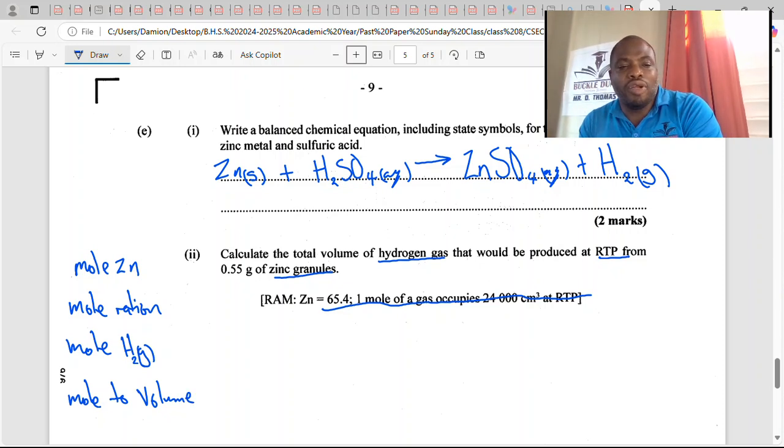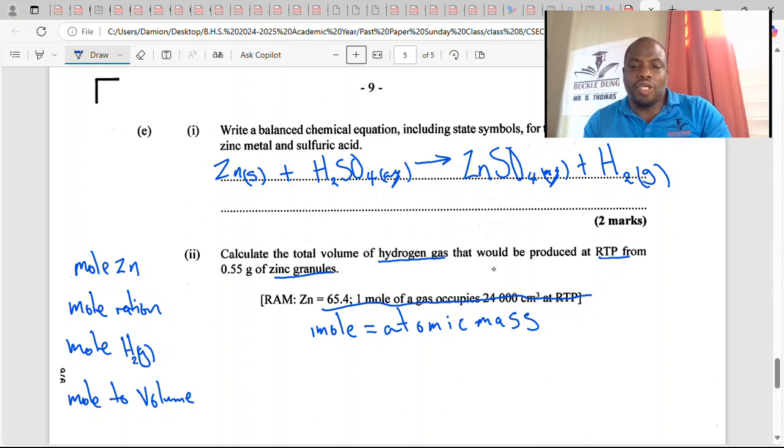How do we convert mass of zinc to mole of zinc? What is it that we have? 1 mole is equal to the atomic mass, because we're dealing with an element. So not formula mass, because we're not dealing with an ionic compound.